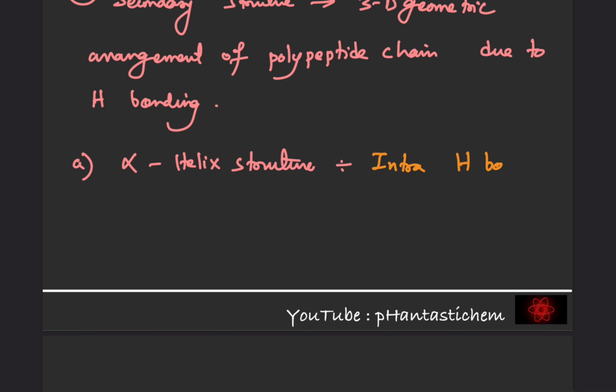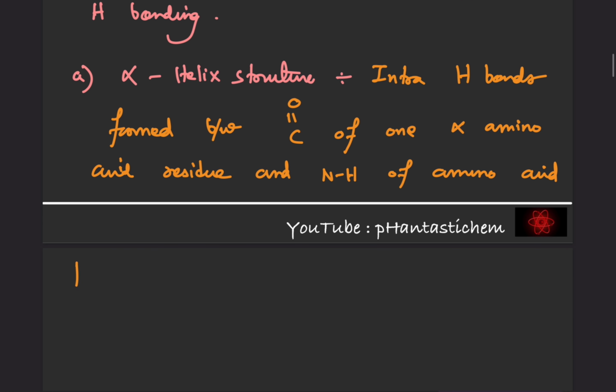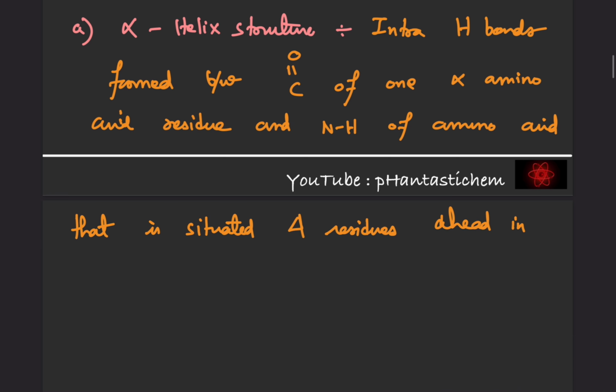Intra hydrogen bonds formed between C double bond O of one alpha amino acid residue and NH of amino acid that is situated four residues ahead in the sequence. Okay, to understand this, we will refer to a diagram.